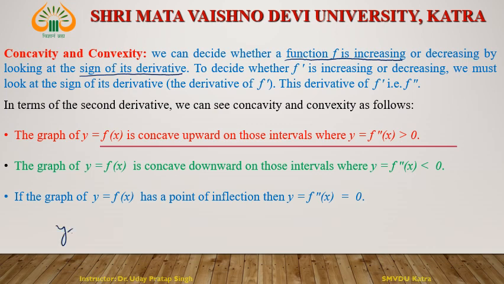If y is equal to f(x), see the second derivative f double dash x, and if it is concave upward, then this second derivative is greater than 0, and if it is concave downward, then this is less than 0, right? And if f double dash x is equal to 0, then it is a point of inflection, right?